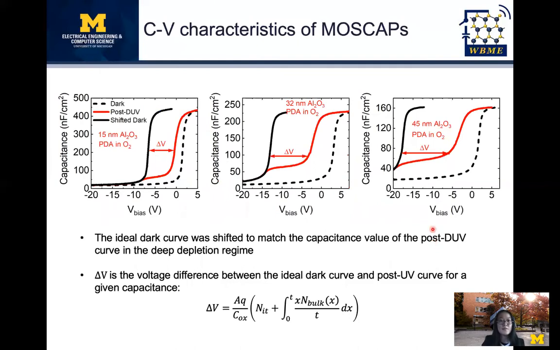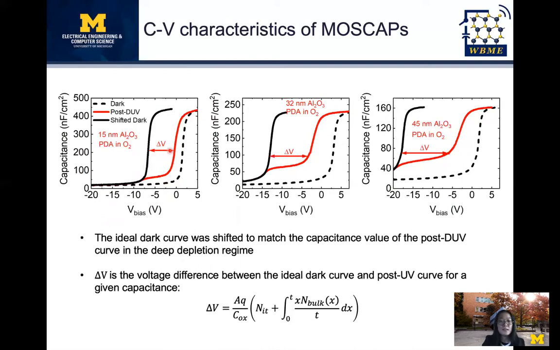Here are the deep UV characteristics of MOSCAPs. The ideal dark curve, as shown in the short dashed line, was shifted to the solid black line to match the capacitance value of the post-deep UV curve in the deep depletion regime.